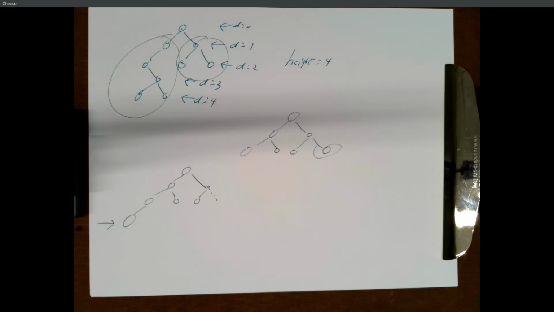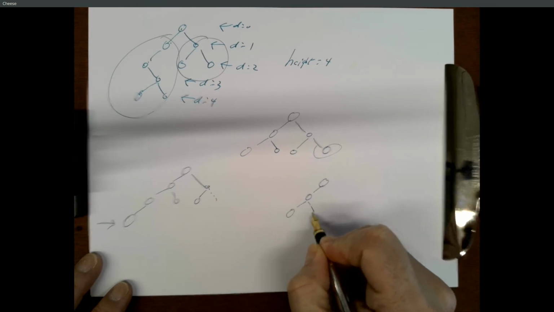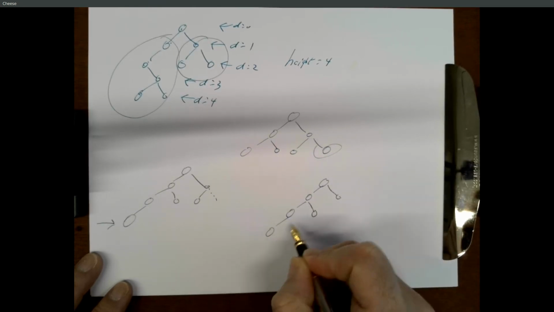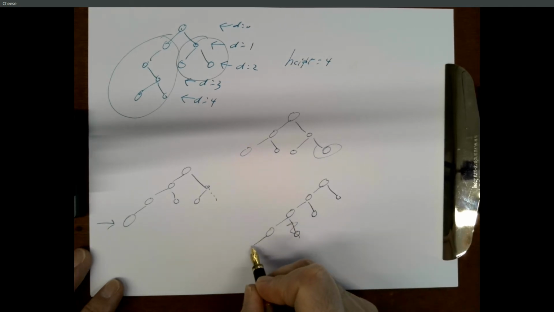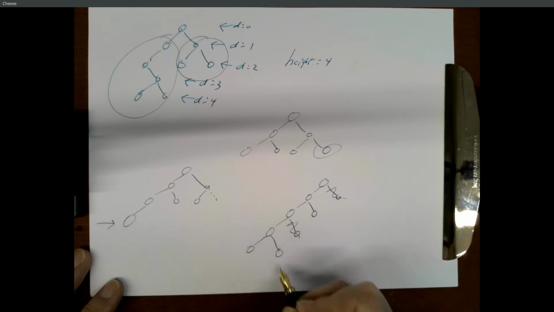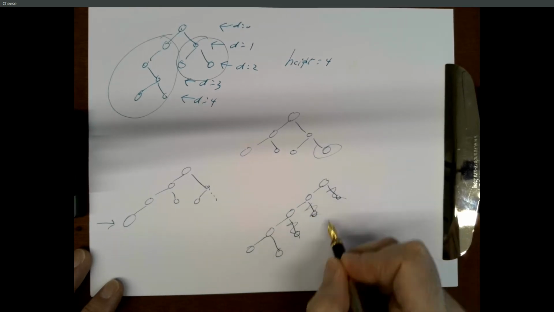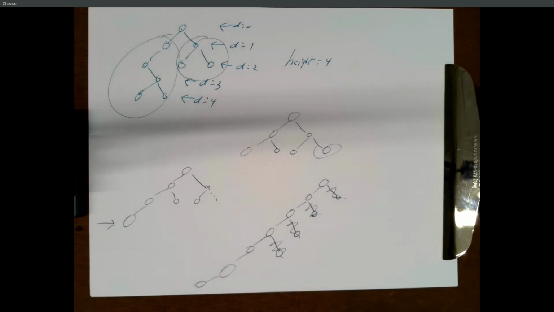That's not quite as well balanced as this original tree. Same with that. Even more so with this. Even more so with this. Way more so with this. And even worse with that.